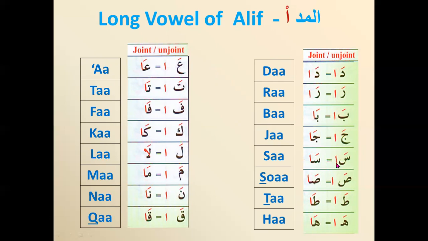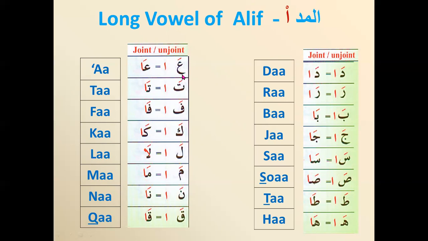Next, sin, fatha, alif, sukun. Sa. Sad, fatha, alif, sukun. Sa. Ta, fatha, alif, sukun. Ta. Ha, fatha, alif, sukun. Ha. So these are the sounds of the letters once the mad is added.